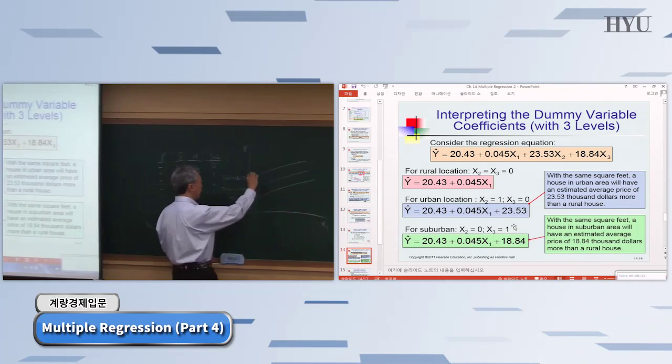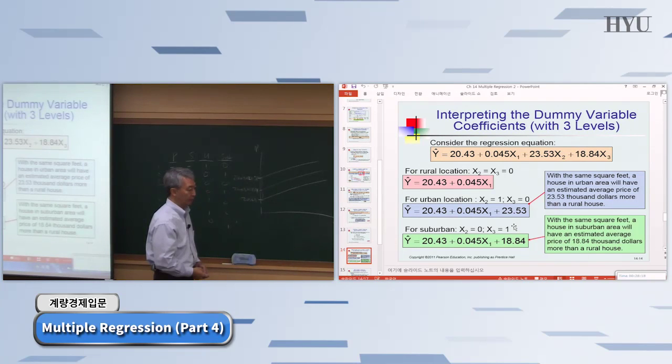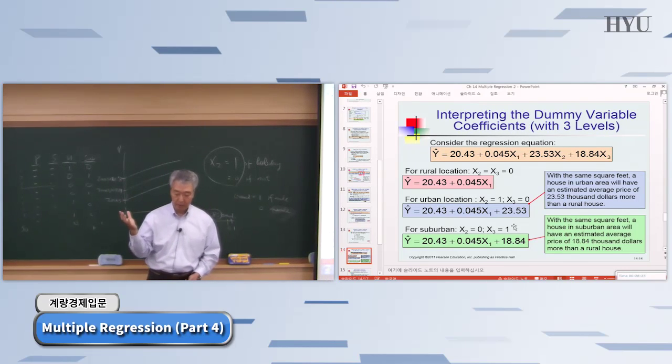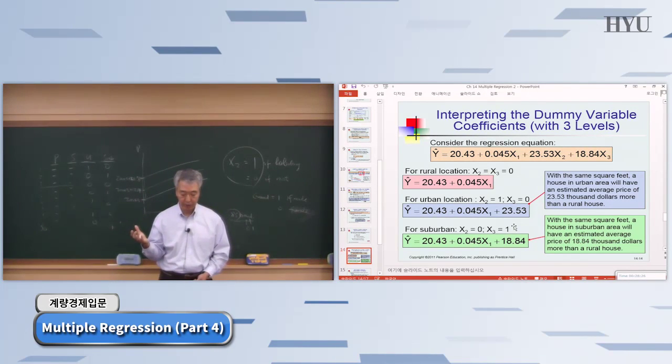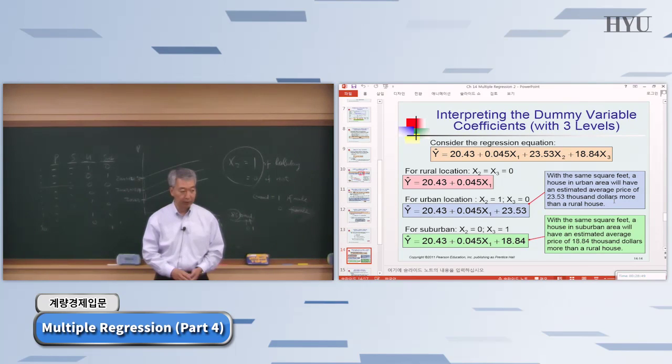So we have three parallel lines. The only difference is the intercept. So you can easily see the effect of the location variable. If a house is in an urban location, holding other things constant, compared to the rural location, the price will be higher by, I believe the unit was $1,000, here $23,530, than the same size house in a rural location.